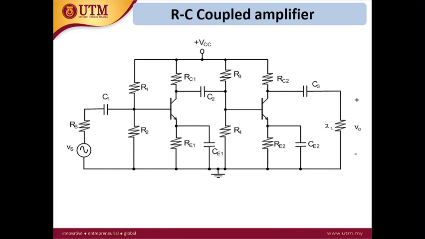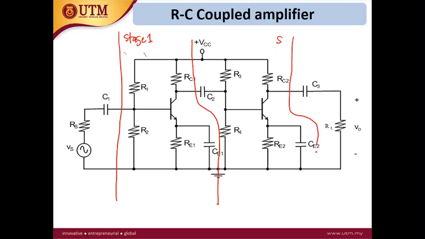Okay, so in this class we will focus on the RC coupled amplifier. Okay, this is an example of an RC coupled amplifier. So this is an amplifier made from two stages. The first stage is stage 1, and this is stage 2.